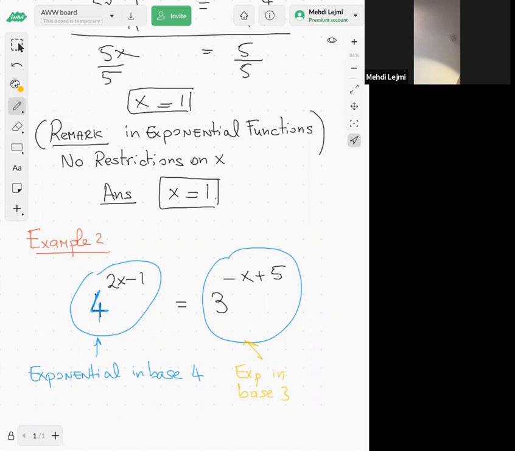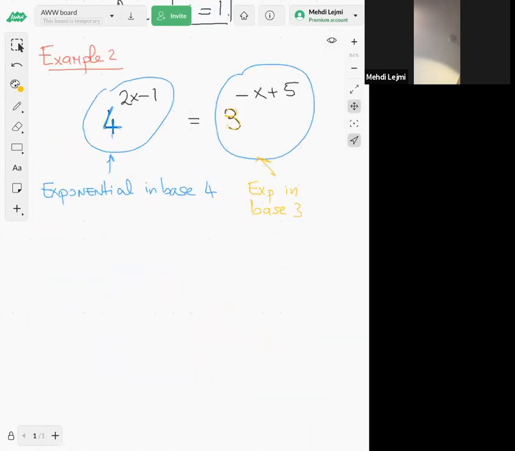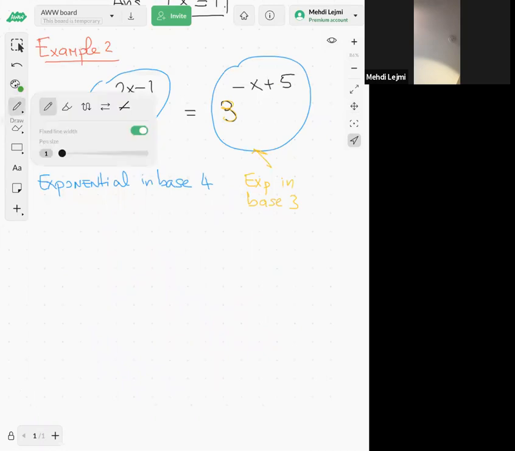So in this case, we have two different bases. Then the first step to solve such an equation is step 1: apply the most common log to both sides. I'm going to apply natural log. So when we have different bases, we apply natural log.